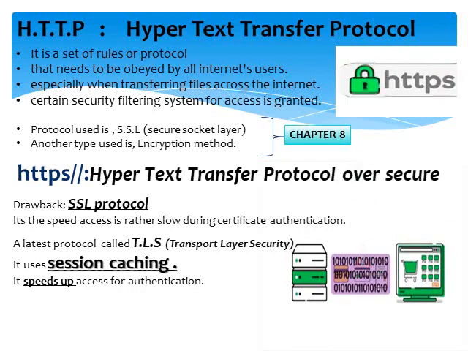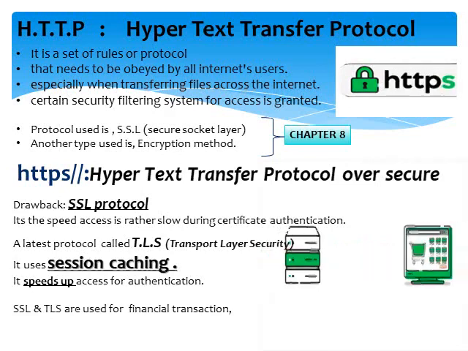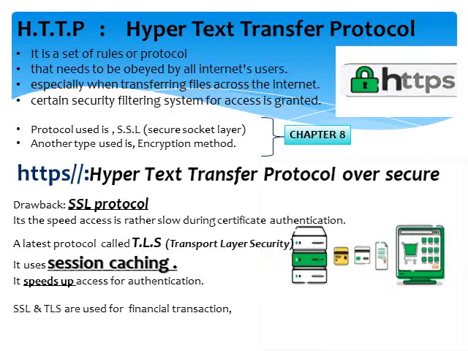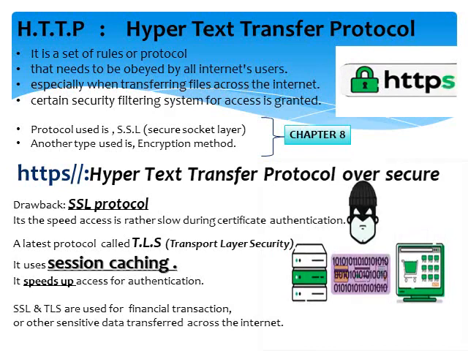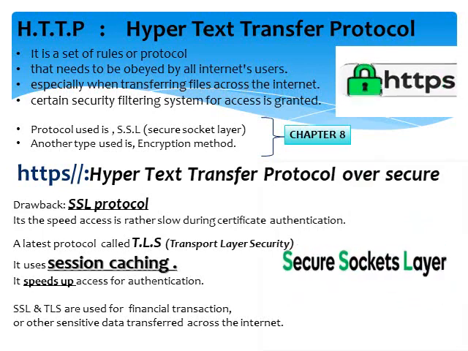HTTPS only applies to certain sites that involve currency or financial transactions, or other sensitive data being transferred across the Internet. If you need to know more, you may refer to the textbook on page 104.